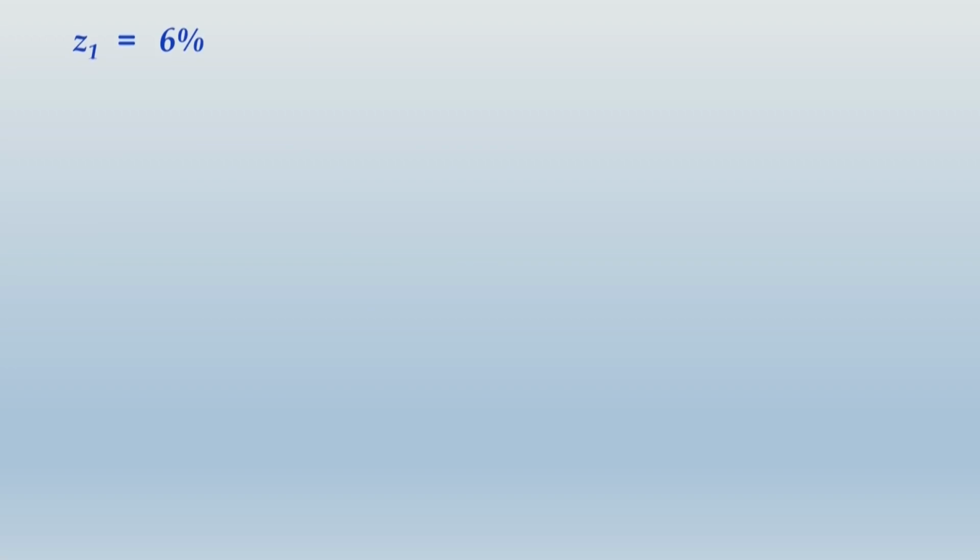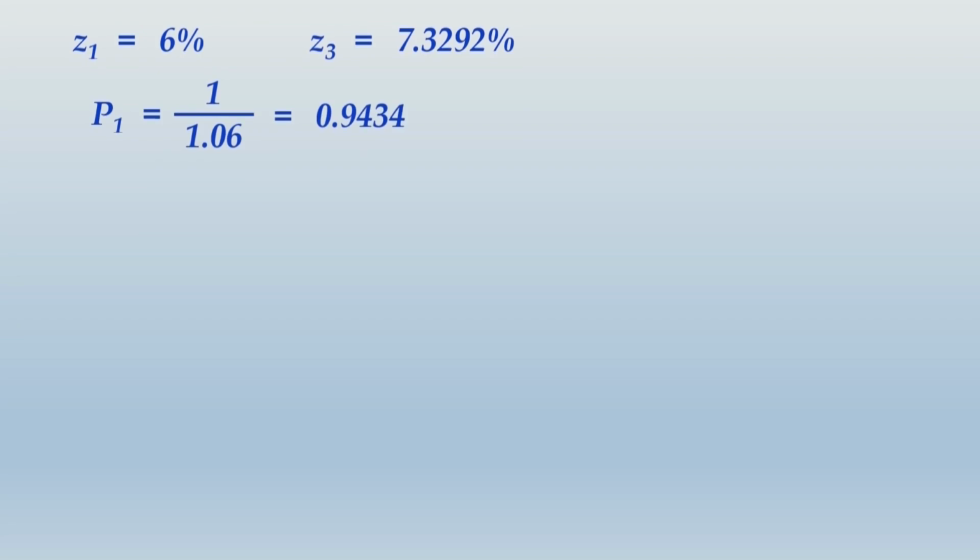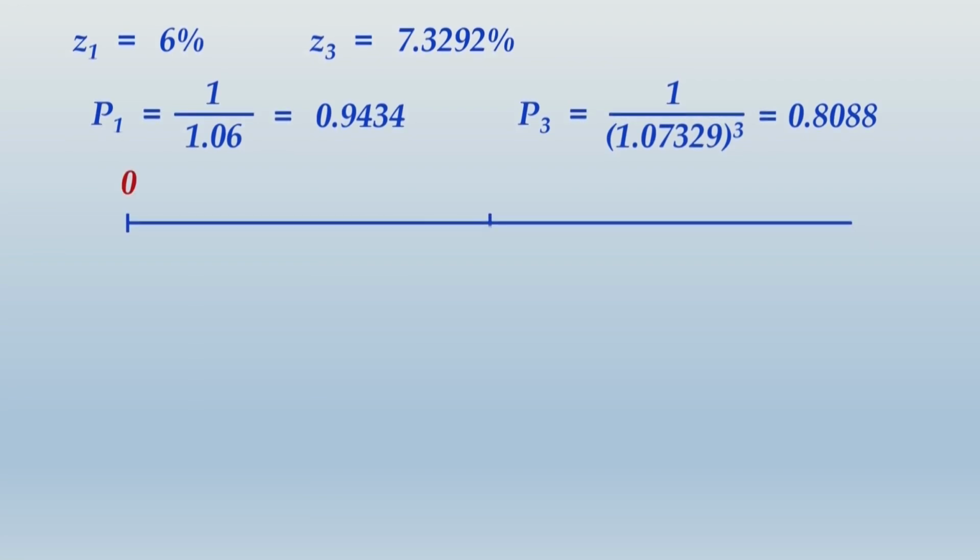Z1 is 6%. Z3 we now got as 7.3292%. So we can compute P1 and we can compute P3 as well. Now based on the forward pricing model, what we have learnt, let us try to apply that. We draw a timeline with 0, 1 and 3 years.